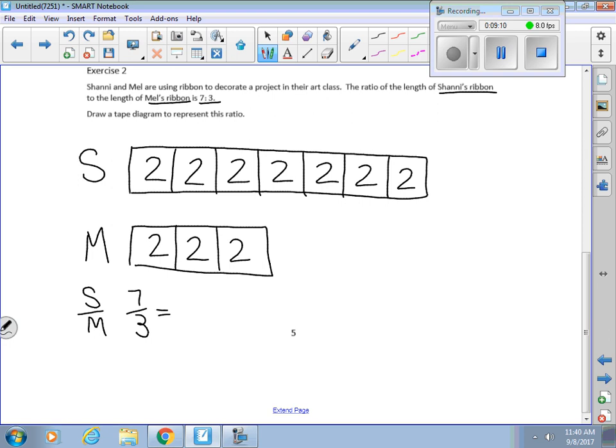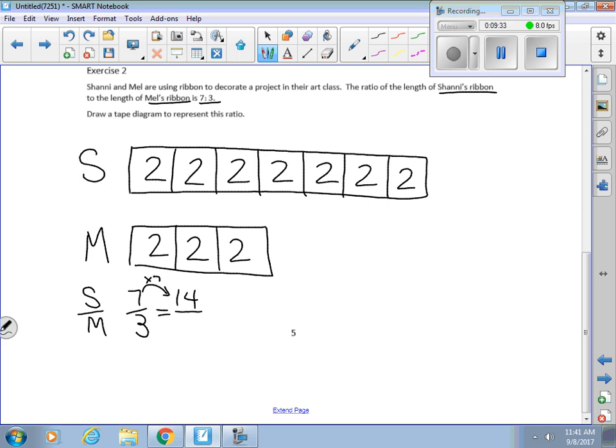So we are setting up an equivalent ratio. So instead of having 7, Shani now has what? Jacob? 14. 14, good. How did you get that? Because there are 7 boxes and each one has 2. If you multiply 7 times 2, you get 14.